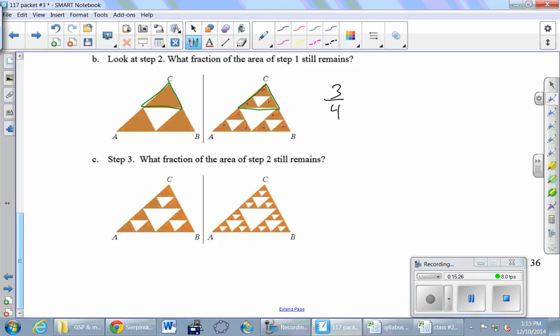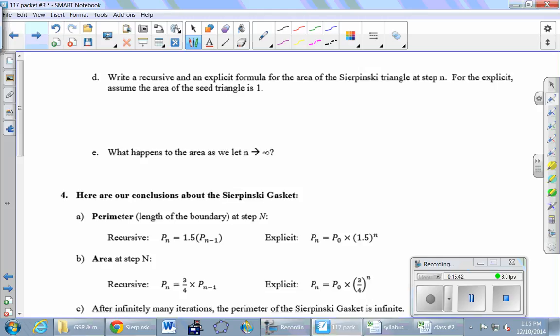Do we buy it? It's going to be 3/4 again? Yep. We focused on just that one and just that one, and so there's lots of 3/4 everywhere. So all told, it's a consistent 3/4 every time. So part D, looking for a recursive and explicit formula for area.